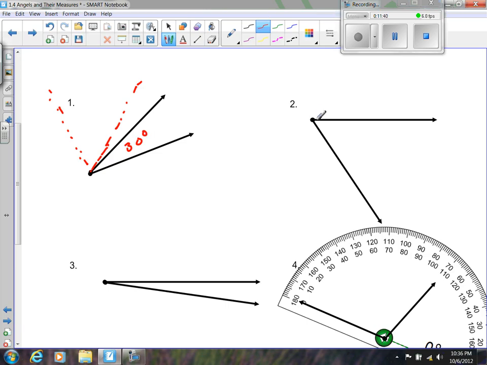If I was going to estimate this one, and once again, pick one of the sides and make a right angle off of it. So it's less than 90, but where's 45? Maybe about there. So I might guess that this is more than 45. I might say it's about 60 degrees.